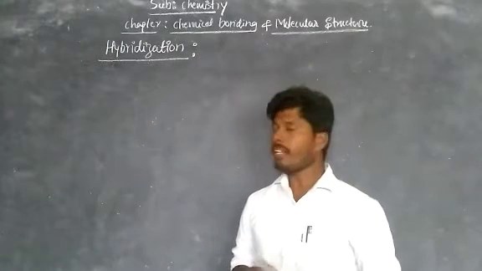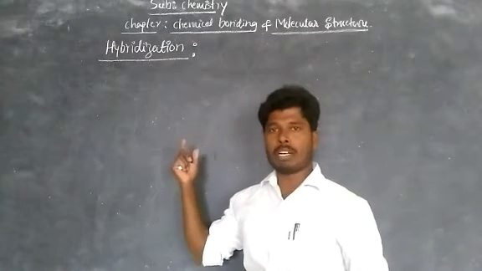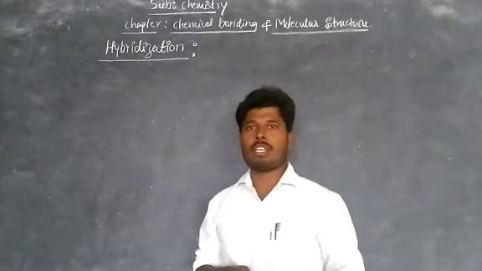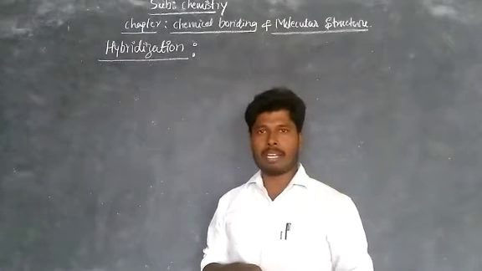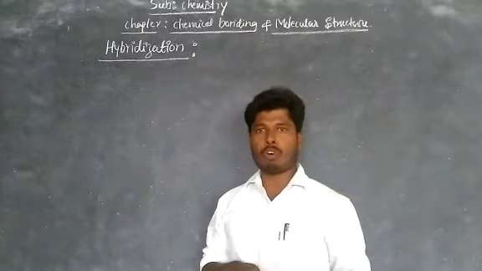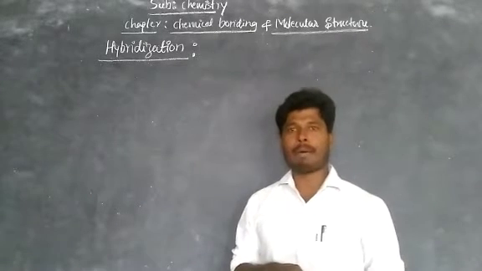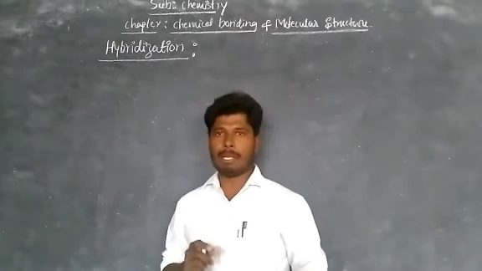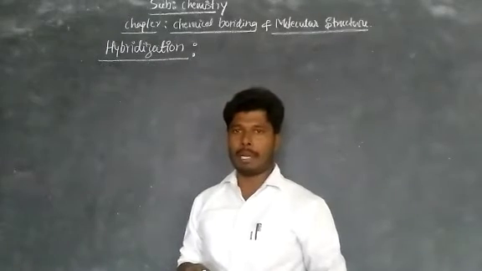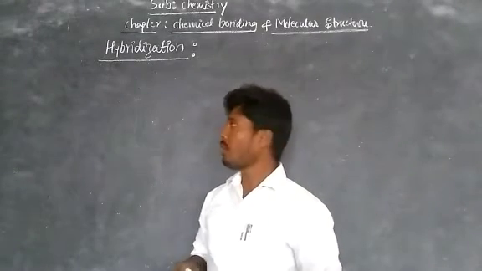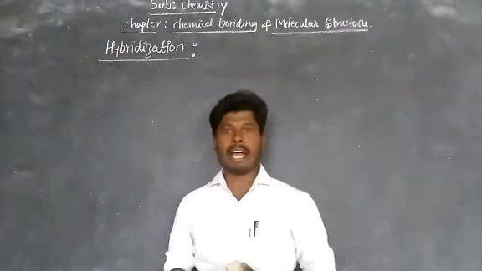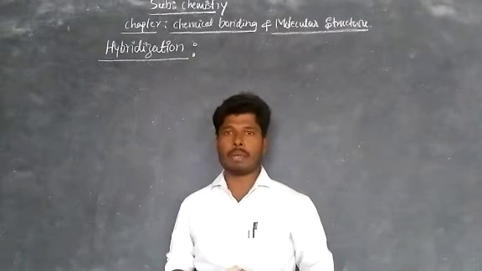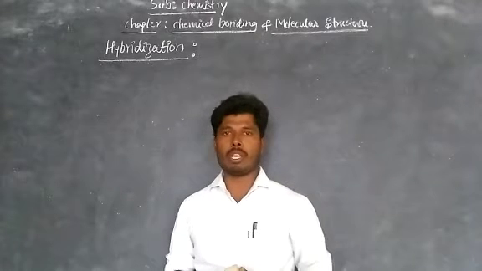He says that atomic orbitals of an atom having almost the same or comparable energy are overlapped or combined together to form an equal set of orbitals. Those we call hybrid orbitals, and that phenomenon we call hybridization. This hybridization successfully explained the stability of molecules, meaning heteroatomic molecules.